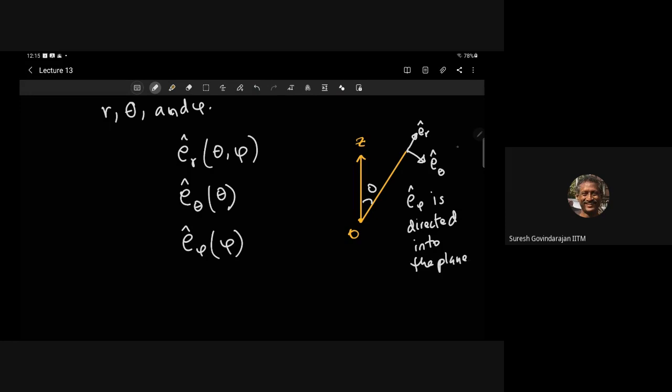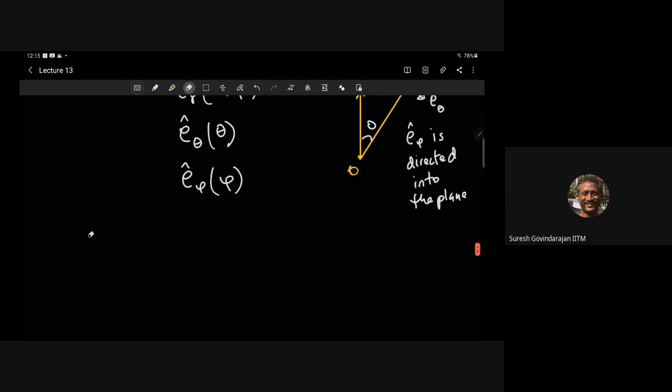It's at this point. It depends on the point. You should see the tail of the arrow if you remember that convention. Okay, so these are the things, and they form a right-handed triad.